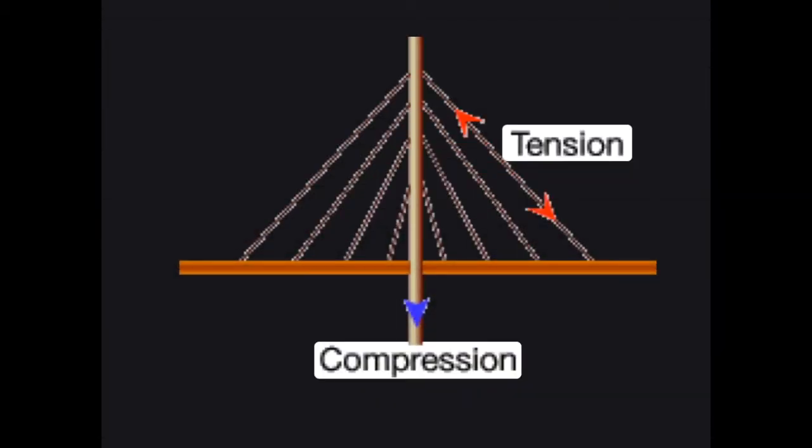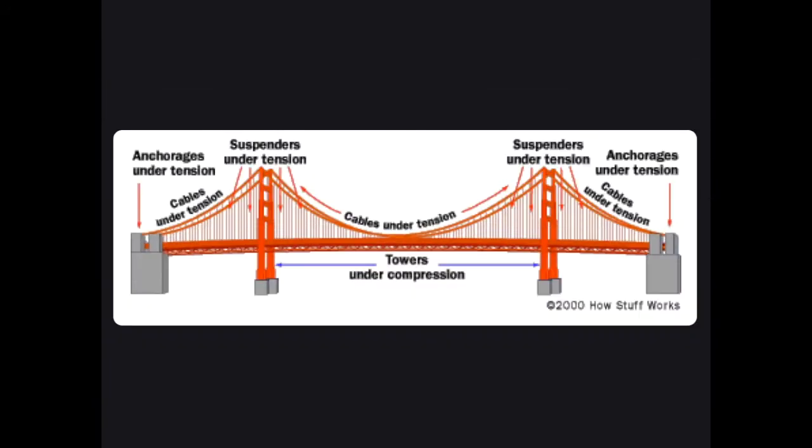Another way an object can feel compression and tension at the same time is in different parts of the same object. So this drawing right here shows a cable stay bridge. So the tower is always under compression, and the cars driving over the road are pulling those cables, and they're always going to be under tension. A suspension bridge would be exactly the same thing.